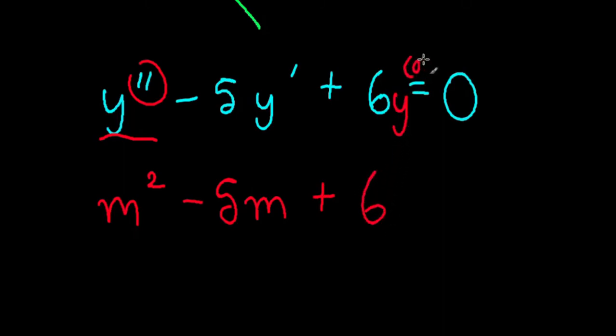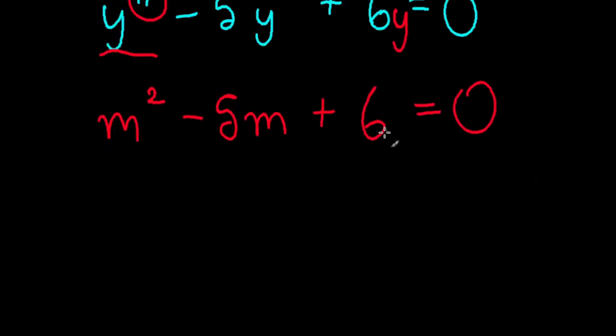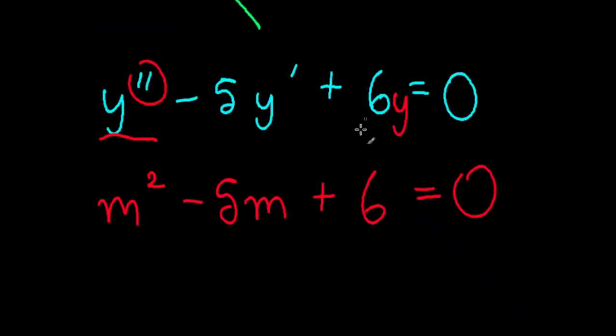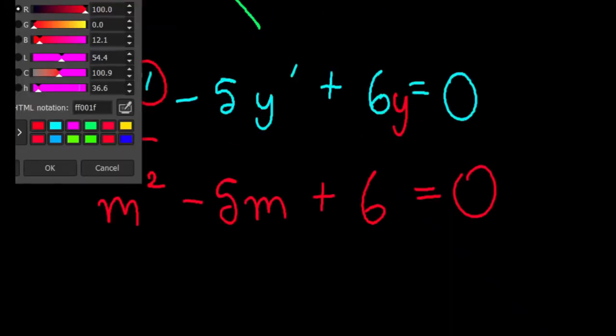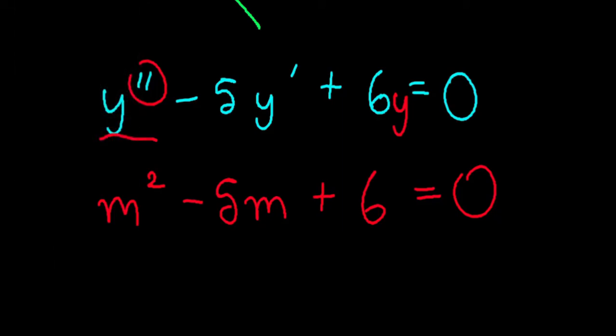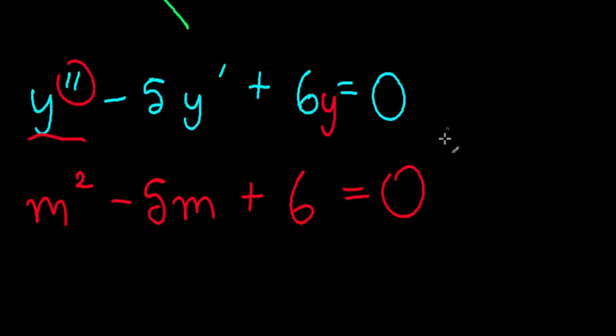Again, y is the zeroth derivative, that's why we replace it by m to the power 0. And m to the power 0 is just 1, so we don't need to write anything here. Just 6 multiplied by 1, that's just 6. So this is my characteristic equation.